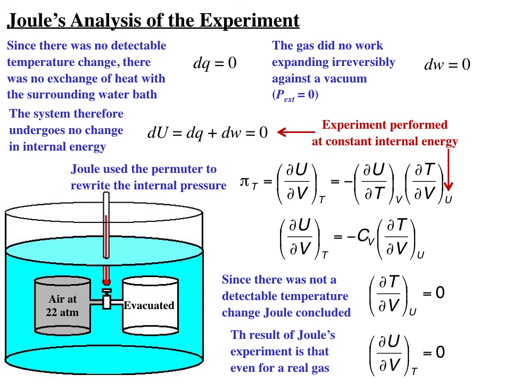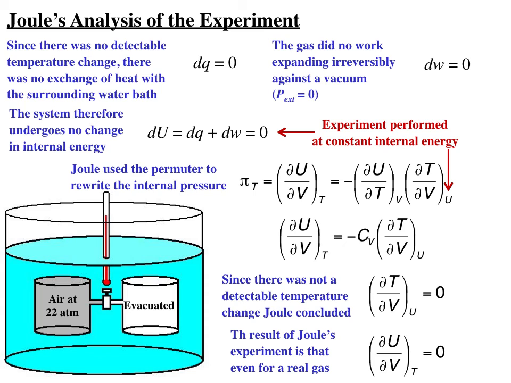And since the gas expanded against the vacuum, P external equals 0 means minus P external dV was 0, so dW was 0. So therefore dU, which is dq plus dW, when there's no heat exchange and no work being done, dU was equal to 0.